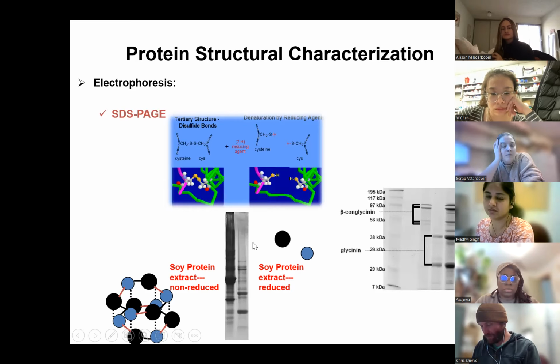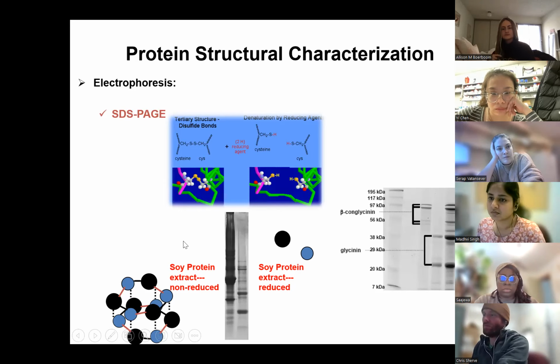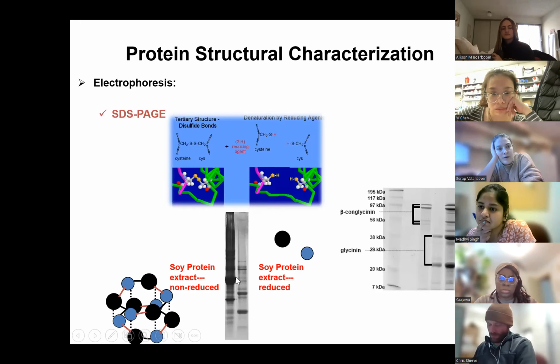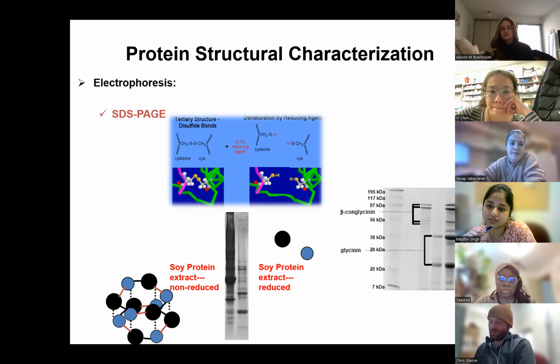Also, without the reducing agent, if it is a commercial concentrate or isolate, most of it will be aggregated and smeared like that. So you won't be able to see your individual bands unless you reduce.